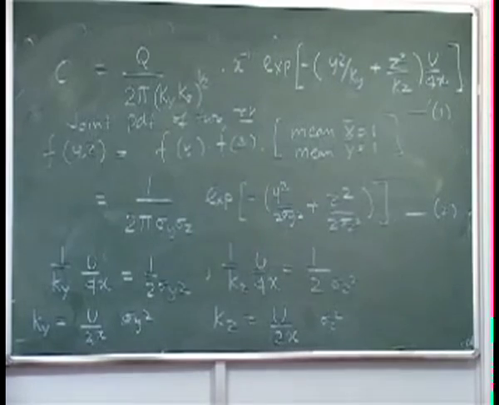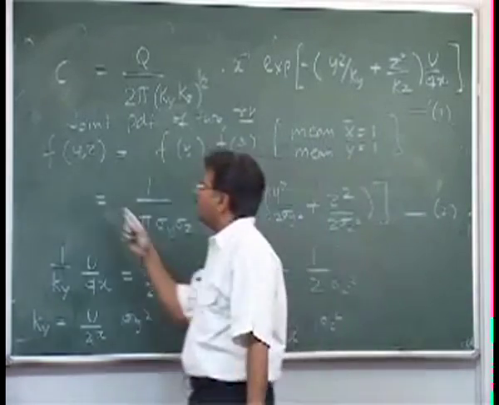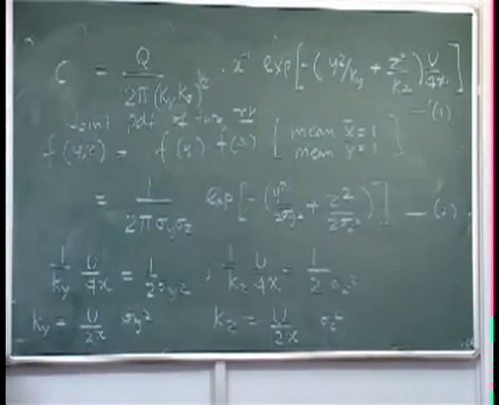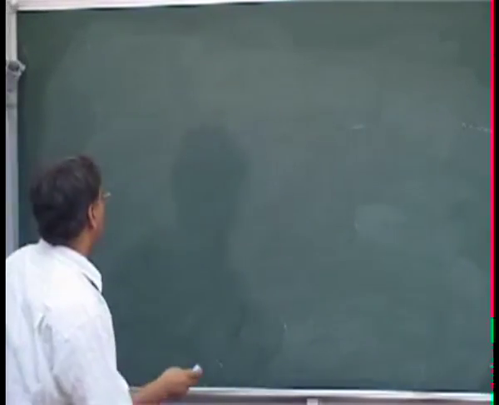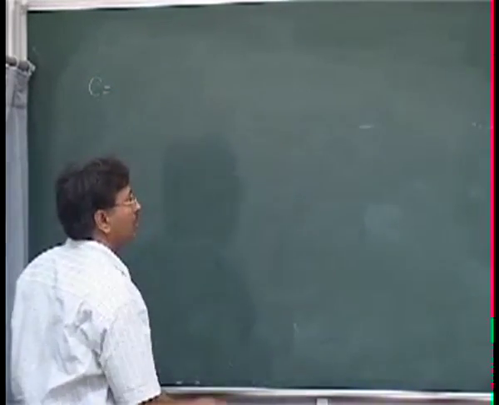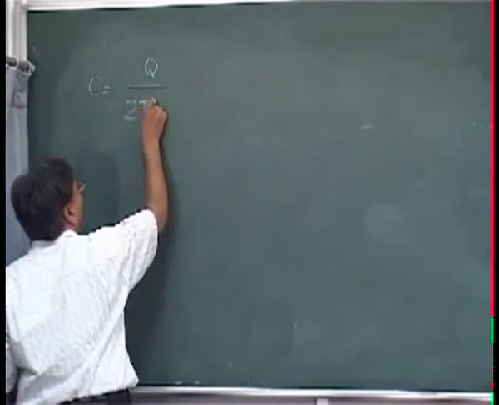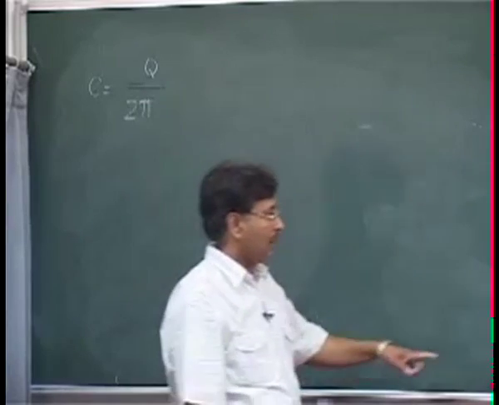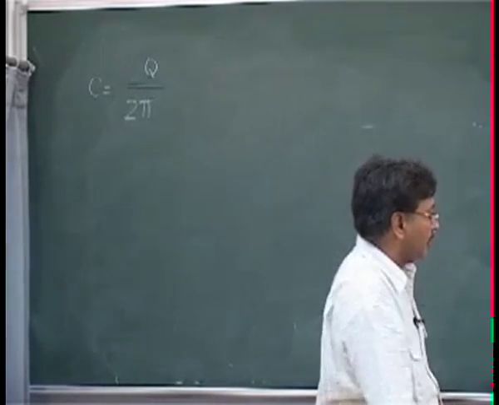Now based on this understanding, based on some statistical comparison, can I rewrite my equation 1 in terms for C? So C equals q upon 2 pi ky times kz, and then the square root.